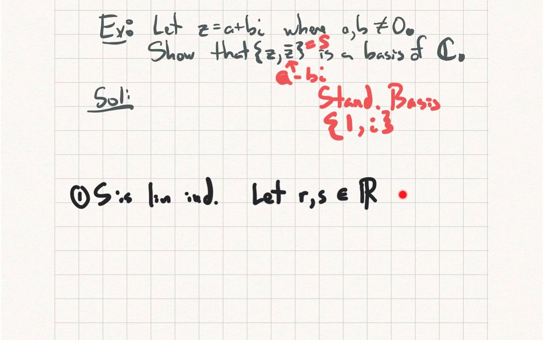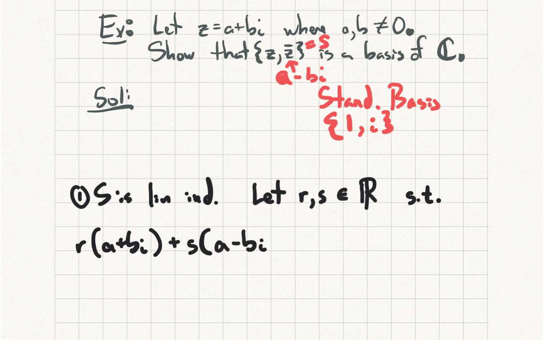And we want these coefficients to be such that r times z, where z is just a plus bi, plus s times the conjugate of z, so a minus bi, equals 0, or 0 plus 0i.